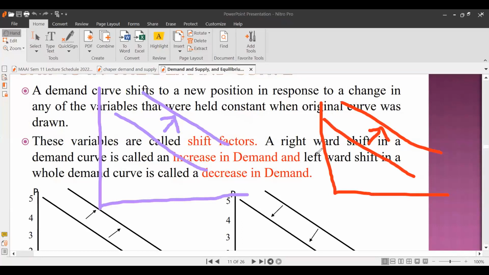Then say, for example, another factor, the prices of related goods.